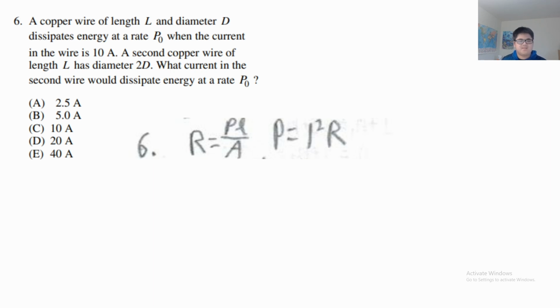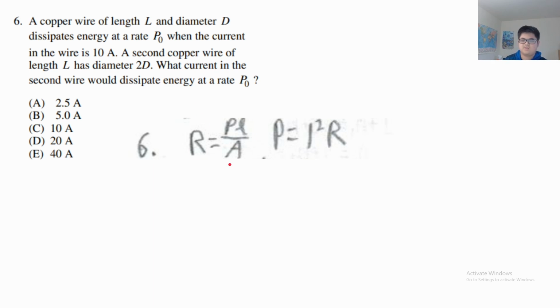Basically, since the second copper wire has a diameter that is twice as large, it has a radius that is twice as large, so it has an area that is 2 squared times as large. So copper wire 2 has an area 4 times greater than copper wire 1.